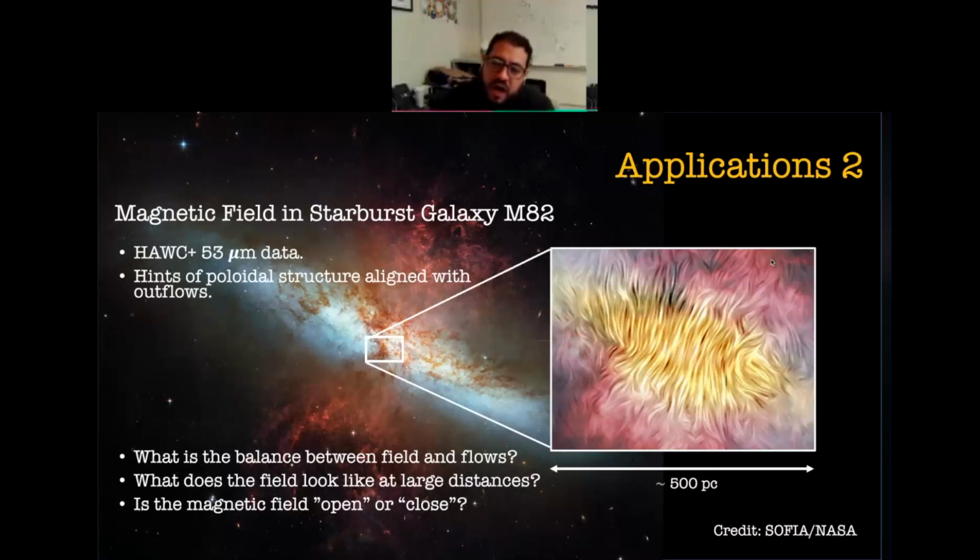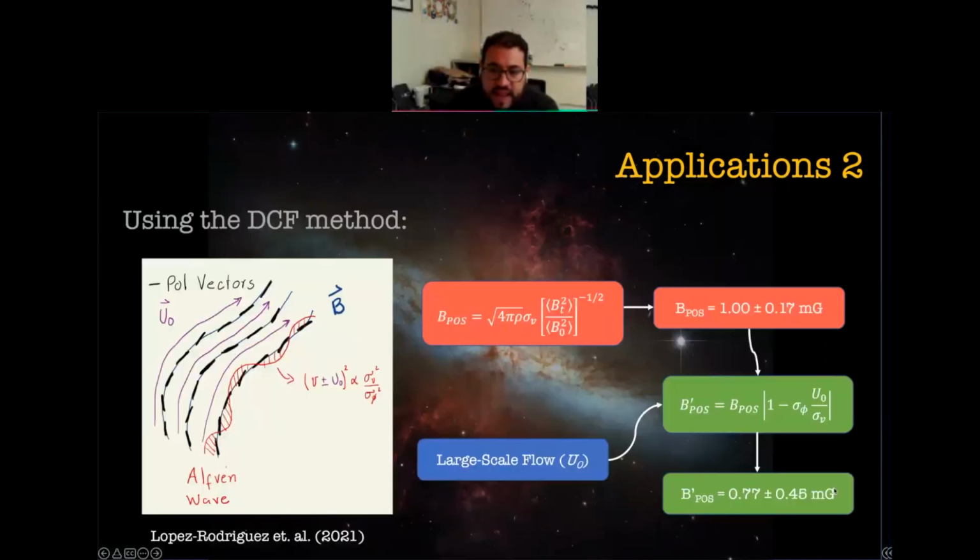What HAWC+ observed in this case was a magnetic field that was very perpendicular to the plane of the galaxy, but because we also know that this galaxy has flows of material going in the same direction as the magnetic field, we were interested in knowing the interplay between magnetic field and flows in this galaxy.